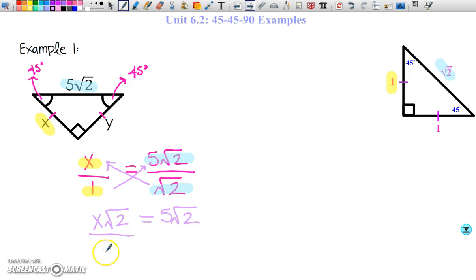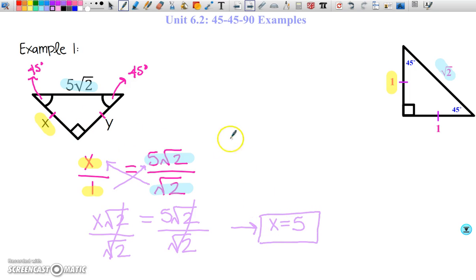In order to get rid of the square root of 2, we divide by the square root of 2, and that makes it a 1. This is also a 1, so we end up getting x equals 5. So there's our x value. Now, since x and y are congruent because of the type of triangle it is, y is also going to be 5 as well, without really having to put any work into it. All right. So that's your first example.